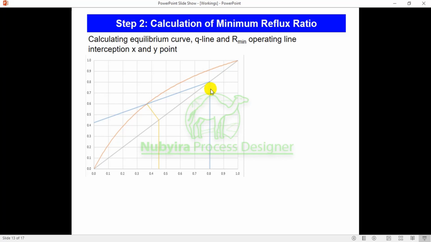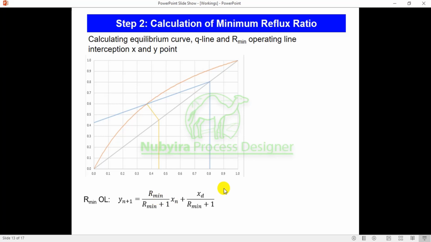Now to do this by equation, not the graphical method, I am following the formula. This is the operating line for the minimum reflux, like the rectifying operating line, but now the reflux ratio will be very low.